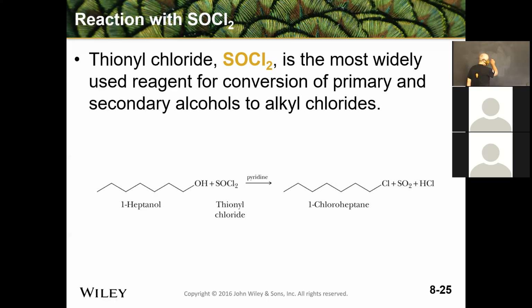This is a solvent, and it also acts as a base. This is pyridine, and it's like benzene, except one of the carbons is replaced with a nitrogen. This is a good solvent. It dissolves a lot of organic compounds.